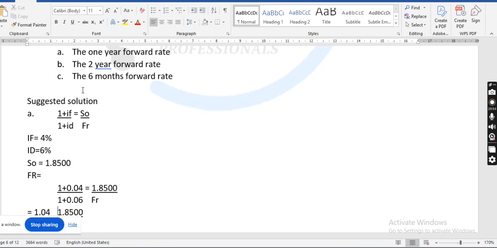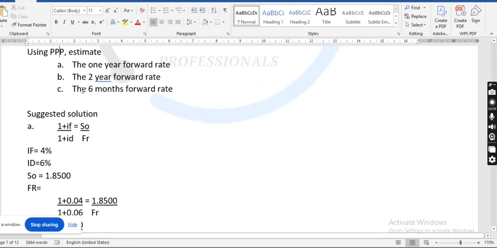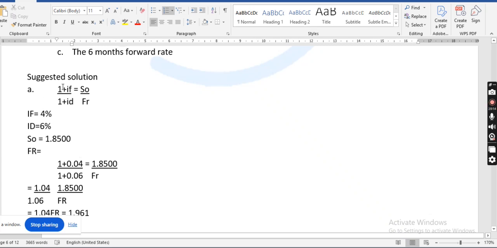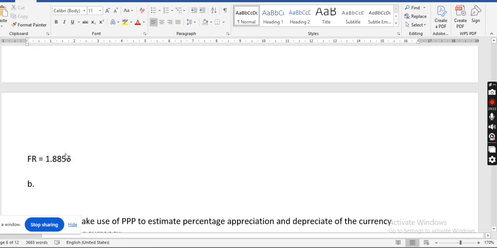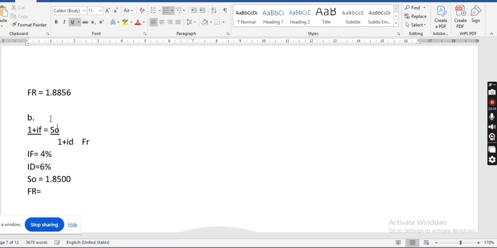Now, we will test if it will work. The first thing is our formula should change. Please pay attention to this part. This is B, then the forward rate for 2 years. Let me quickly copy these parts. What would be our formula for forward rate for 2 years?